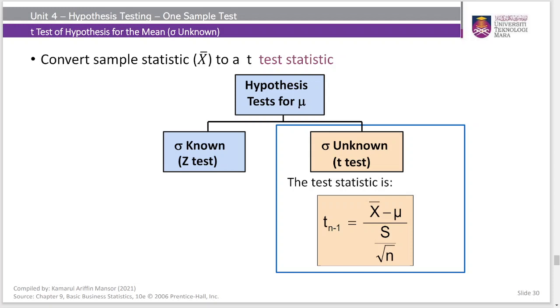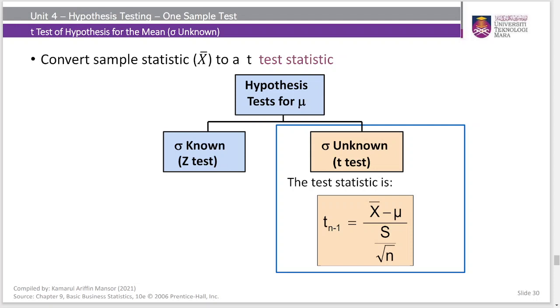In this situation, you cannot use even the t-test, whether you have a small sample size or a large sample size. But in this situation, you have to use the t-test such that the sigma is unknown, and if the sample size is large enough, then you can use the Z test. The situation is when you have a small sample size.